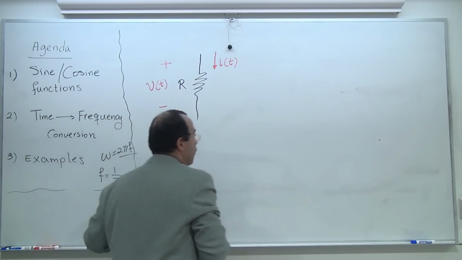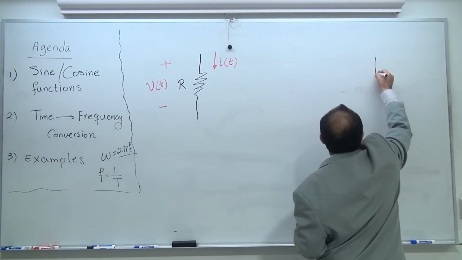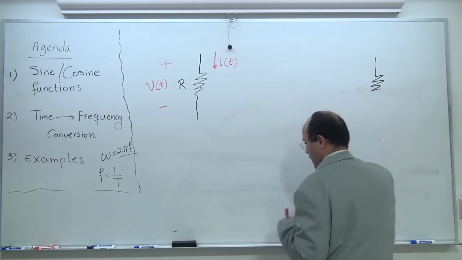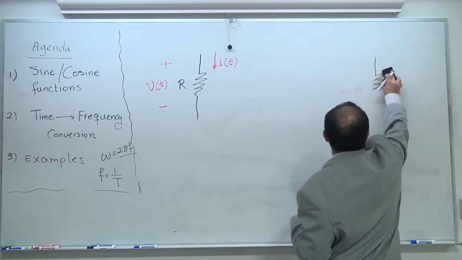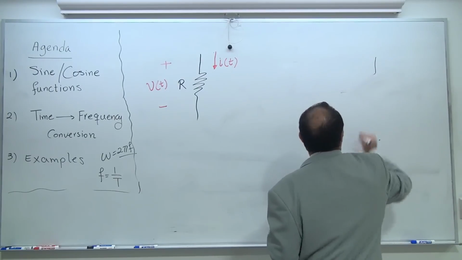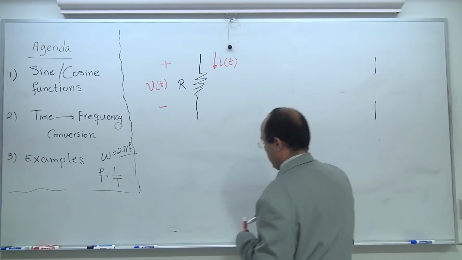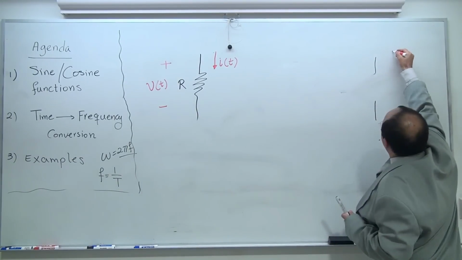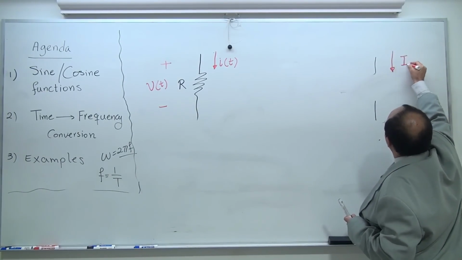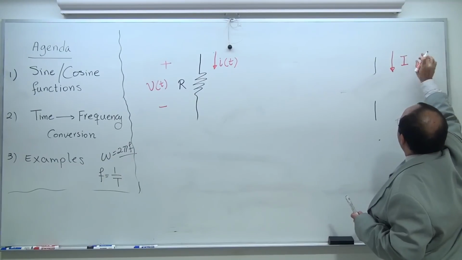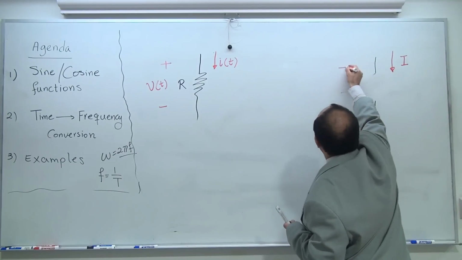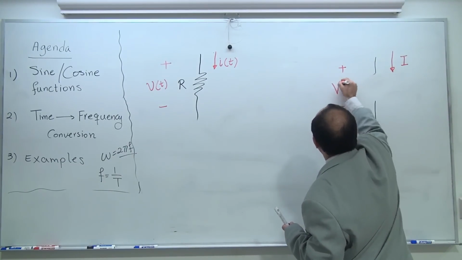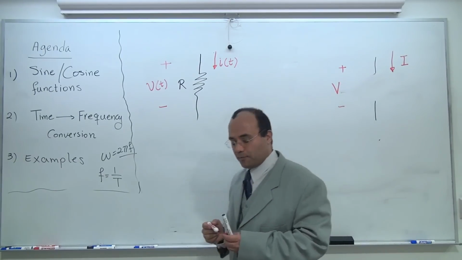I want to know how I can capture this in the frequency domain. Can I actually still represent this as a resistor in the frequency domain? Whatever happens in the frequency domain, I want to have a current. Obviously, this current is now frequency dependent, and I want to have the same voltage. I'm going to use capitals to represent this.